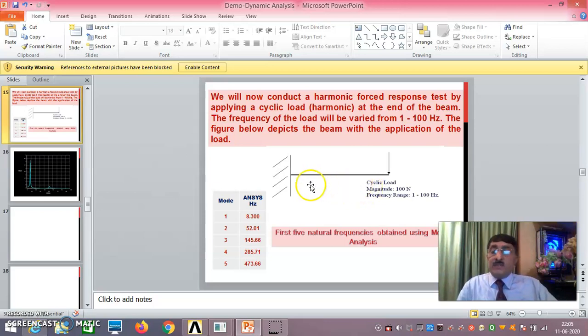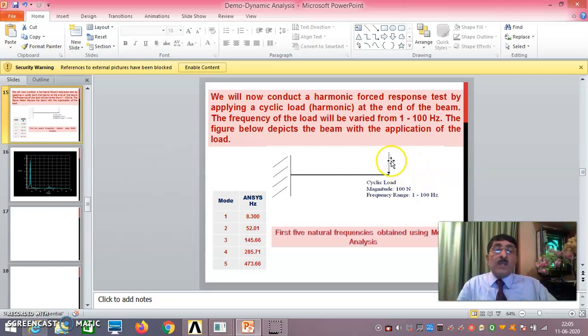Please understand this, I'm repeating. This is the load that will be applied sinusoidally. That means this load will be applied 1 cycle per second, 2 cycles per second, 3 cycles per second. That means 1 time in 1 second, 2 times in 1 second, 3 times in 1 second, 4 times in 1 second.